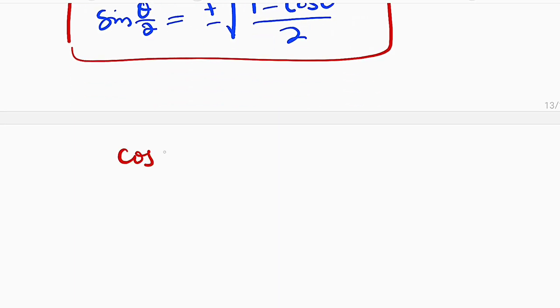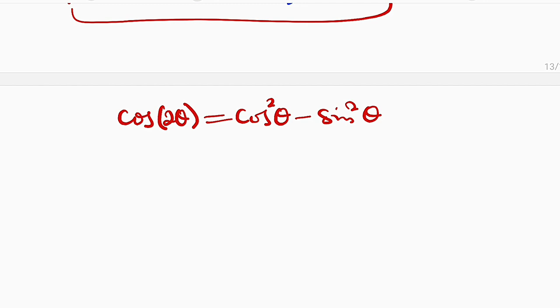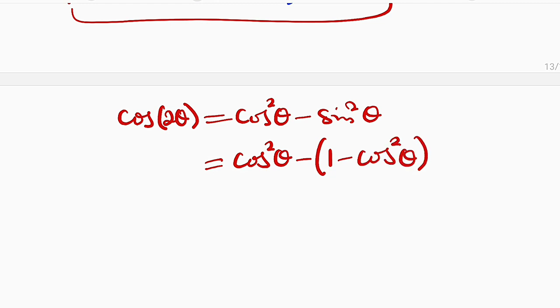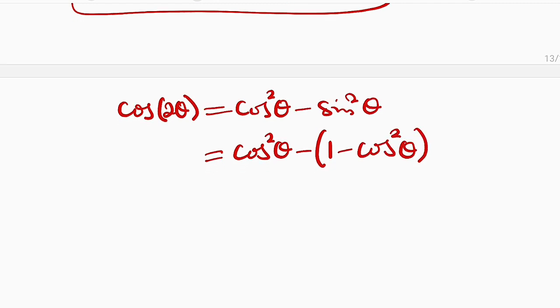We have that cosine 2 theta is equal to cosine square theta minus sine square theta. Because I'm looking for cosine, I'm going to change this one to 1 minus cosine square theta. So this is equal to cosine square theta minus the whole of 1 minus cosine square theta, because sine square theta is the same thing as 1 minus cosine square theta.